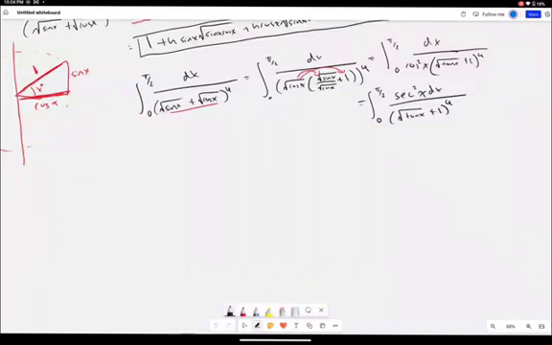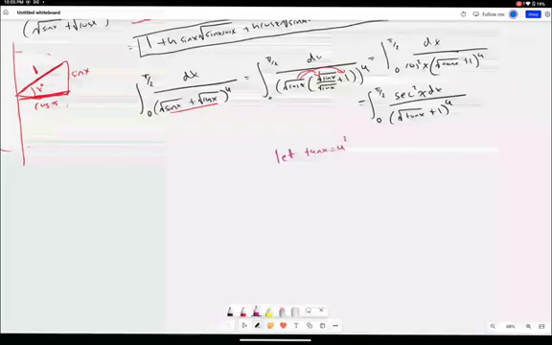And the substitution I want to make is, let tan x be equal to u squared.